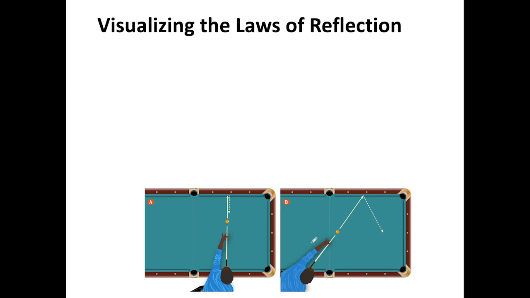Another way I like to think of the laws of reflection is a pool game. If you shoot a ball directly across from you, that ball is going to bounce back towards you. However, if you shoot that ball at an angle, it's going to bounce off at the same angle in the opposite direction.